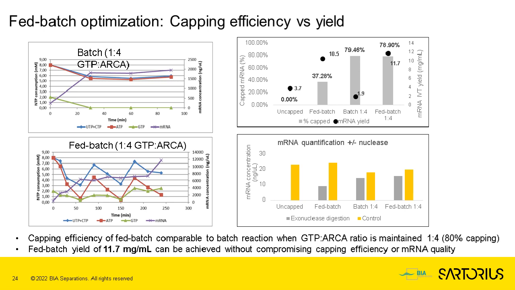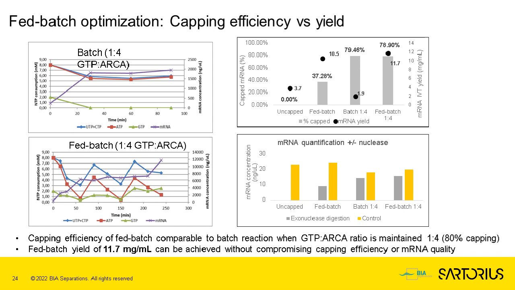And that way, what we've demonstrated is that while in both of these cases we achieved nearly 80% capping with ARCA reagent, the productivity of the reaction was significantly higher in a fed batch mode. So we produced nearly 12 milligrams per milliliter, whereas in a batch simple recipe mode, you would produce something like 2 milligrams per milliliter.